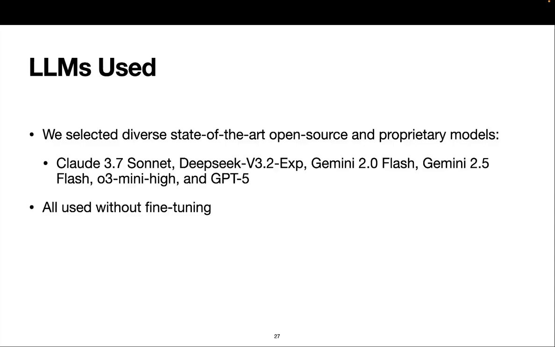All of these models were used without any fine-tuning. We rely entirely on prompting to guide these pre-trained models. And we also set the temperature to 0 for deterministic results. So with these models and the benchmarks, let me show what we found.